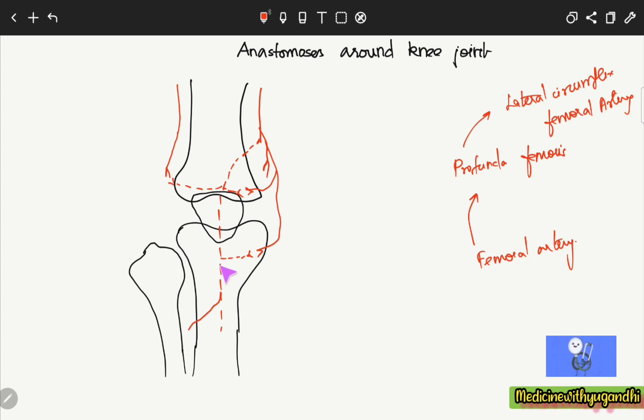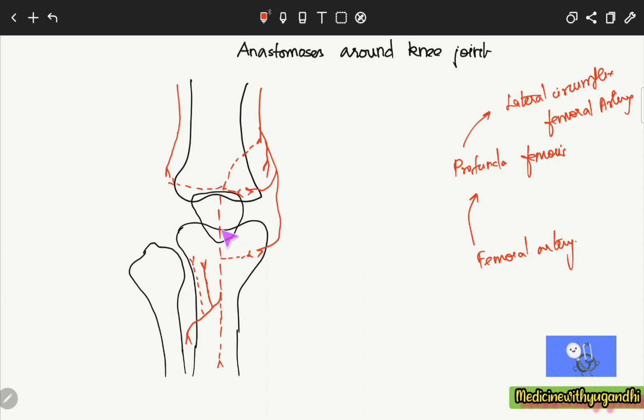This popliteal artery continues as the anterior tibial and posterior tibial artery. From the anterior tibial artery, there arise two branches. One is the anterior tibial recurrent and the other is the posterior tibial recurrent.